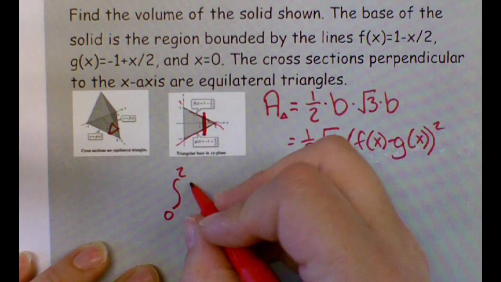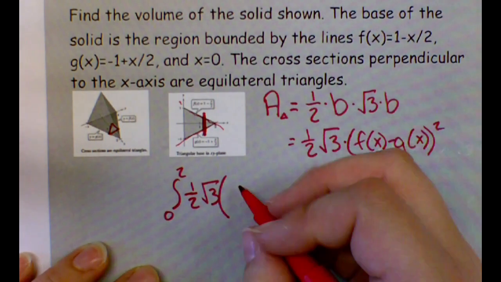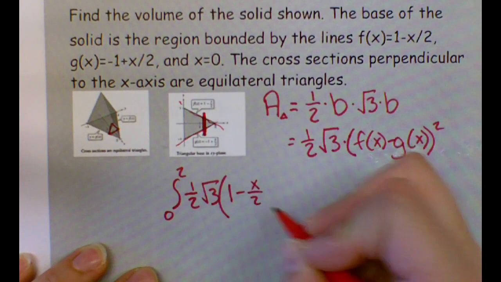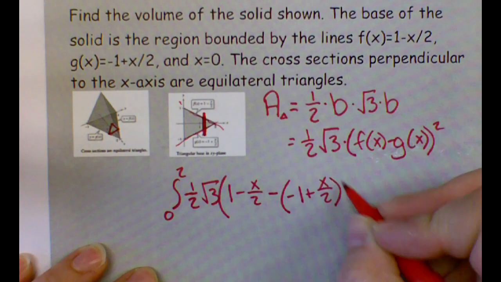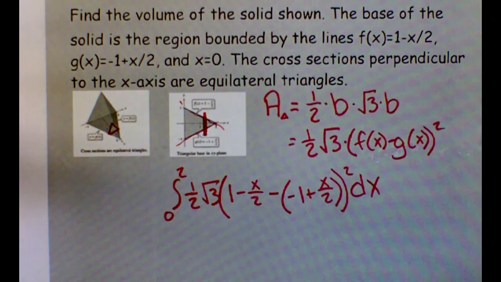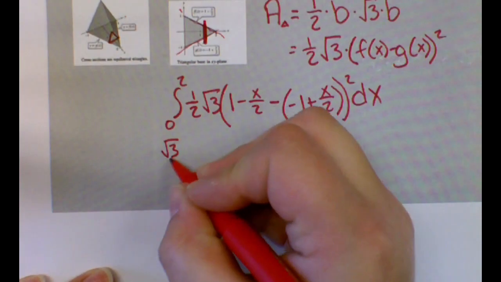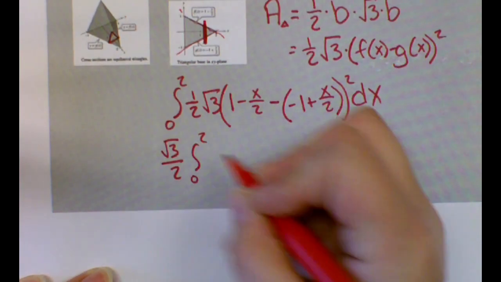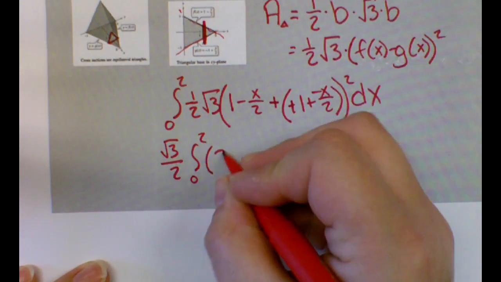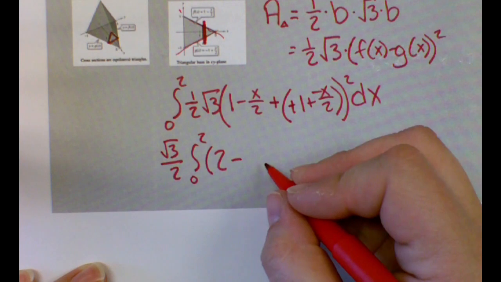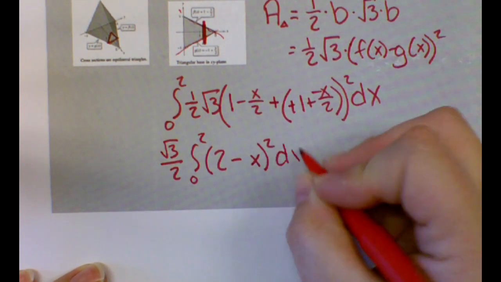So let's plug in some numbers here. 1/2 times the square root of 3 times f of x, which is 1 minus x over 2, minus g of x, which is negative 1 plus x over 2, squared, dx. All right, I'm going to take this square root 3 over 2 out front. Combining like terms, I have 2 minus x, squared, dx.